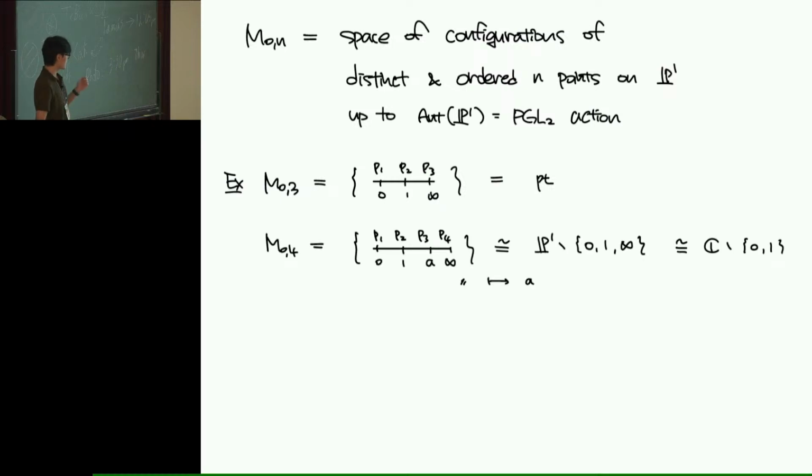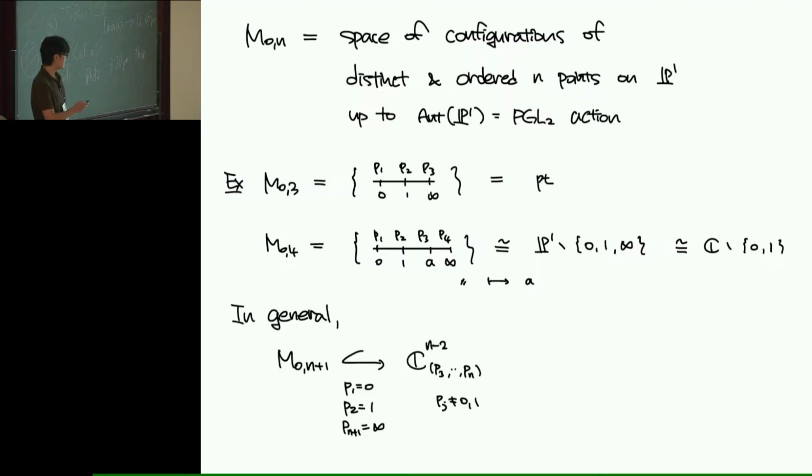And when n is equal to 4, then we have one extra point. And it should avoid 0 and 1 and infinity. So M04 is P1 minus 3 points, which is just C, an affine line, minus 2 points, 0 and 1. So it is always n minus 3 dimensional. And in general, if we consider M0n plus 1, then if we fix the first point at 0 and the second point at 1 and the last point at infinity, then we can embed this space as an open subset inside an n minus 2 dimensional affine space.